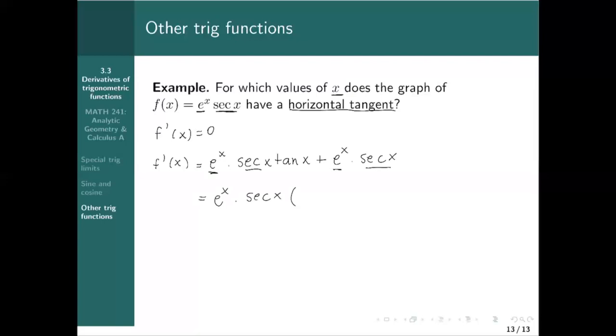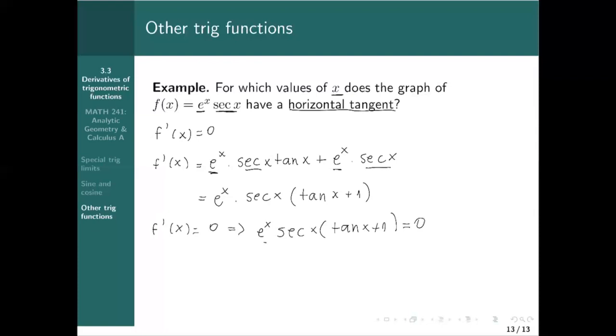And then I'm left with tangent plus 1. So we have to set f prime of x equal to 0. So this means that e to the x times secant of x times tangent of x plus 1 is equal to 0.